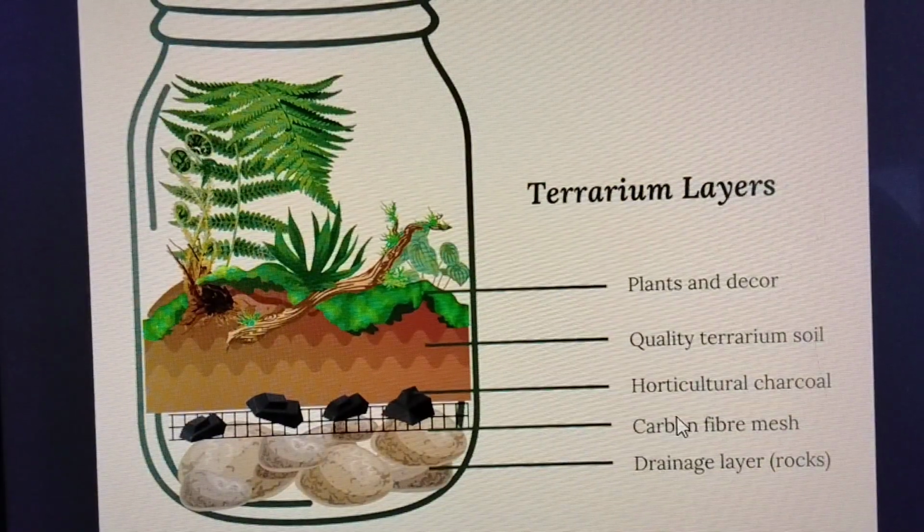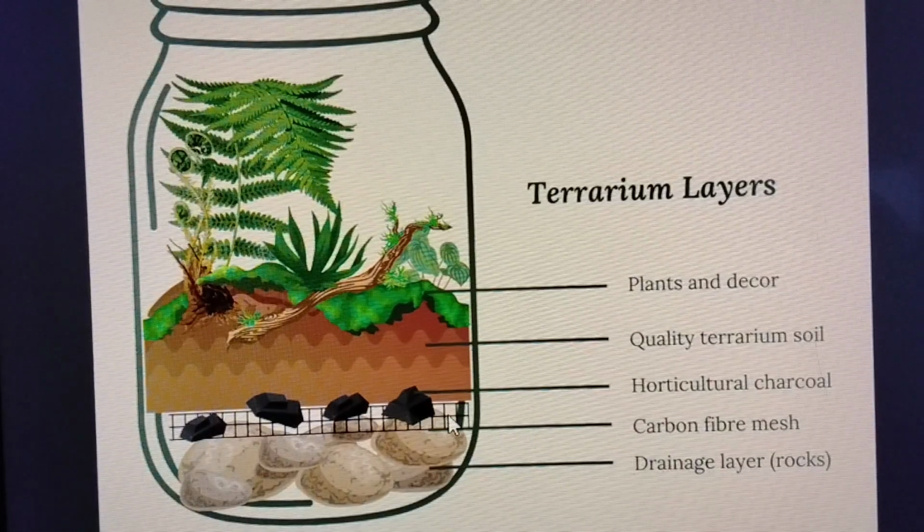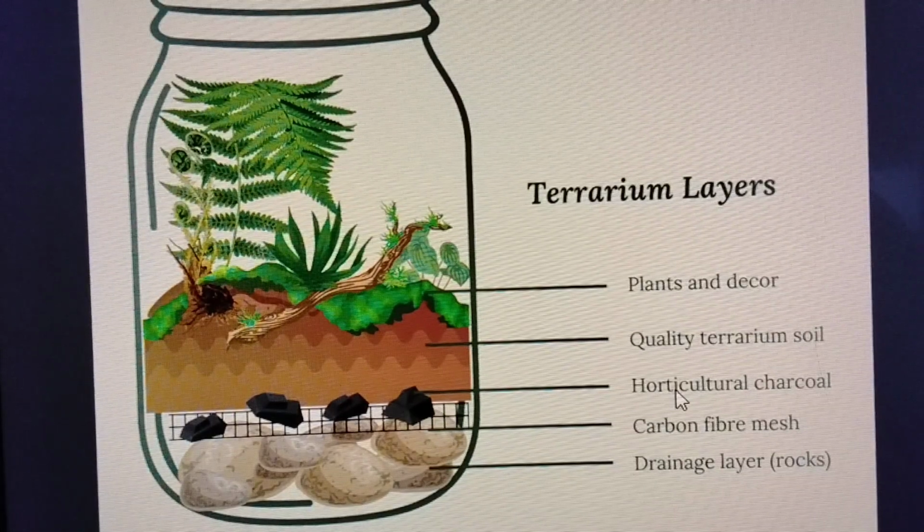Here is another version, and it shows you a little bit better the depth of the drainage layer rocks, the carbon fiber, which is like a mesh, and the charcoal, which has to be horticultural, so it needs to be able to be used in this system.